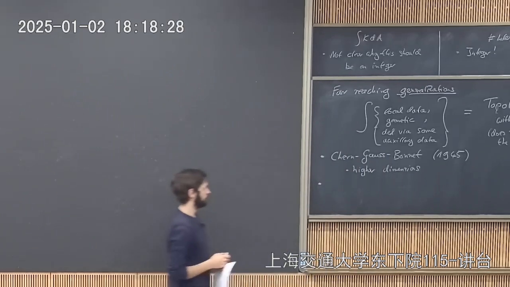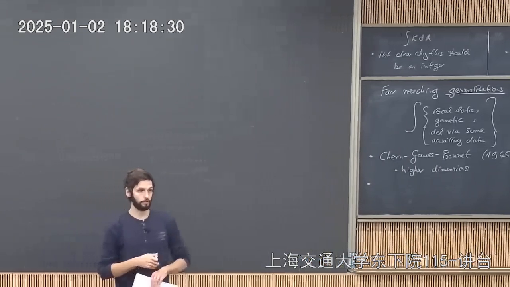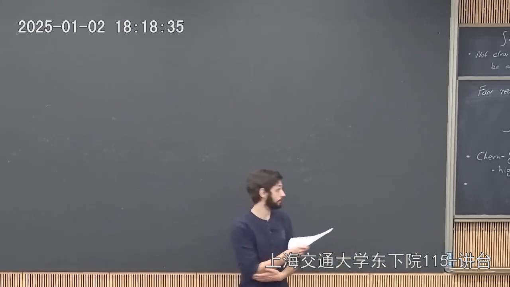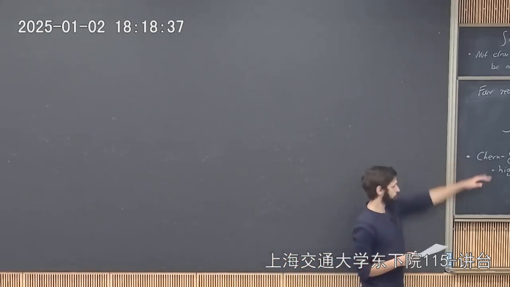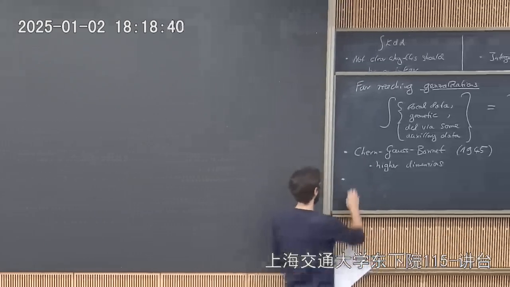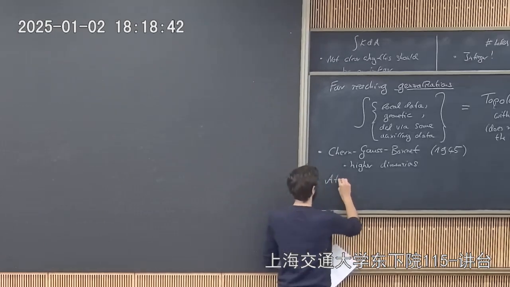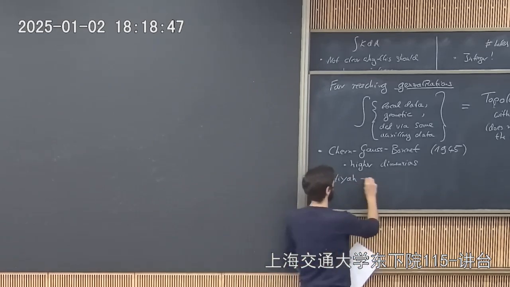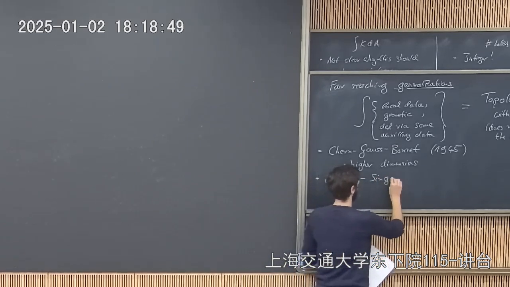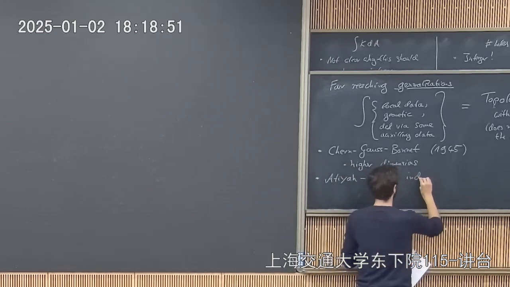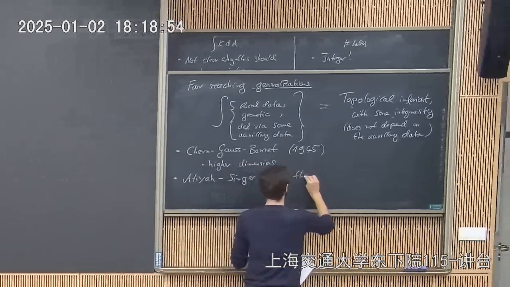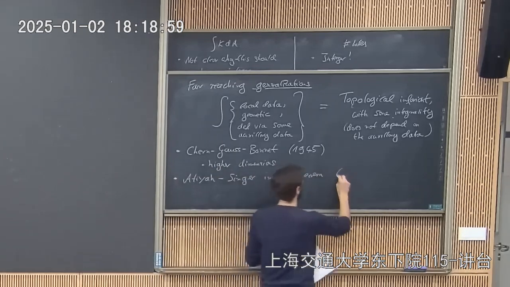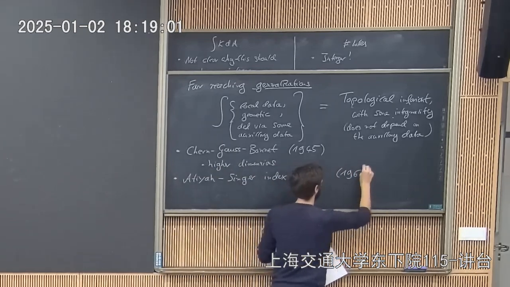I would say that's a very natural thing to ask yourself once you talk about the curvature of higher dimensional objects. But that's quite intuitive. Then a far-reaching generalization is the Atiyah-Singer index theorem, which was another 20 years later.